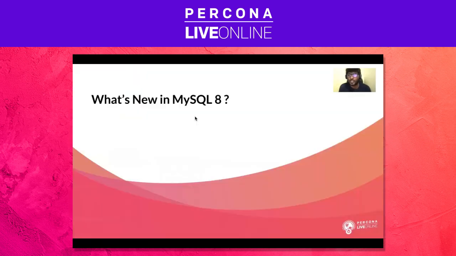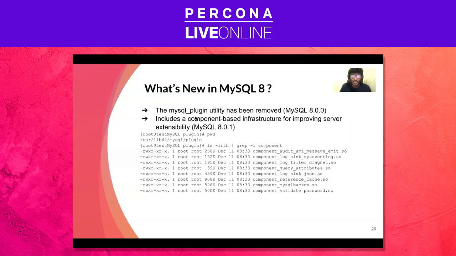Okay, so the next topic is what is new in MySQL 8 related to MySQL Server plugins. The first one is the mysql_plugin utility is removed from MySQL 8.0.0. And from MySQL 8.0.1, the plugin includes the component-based infrastructure.